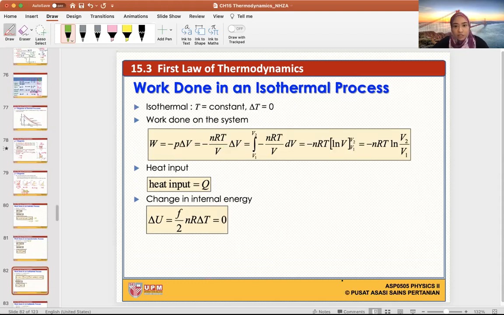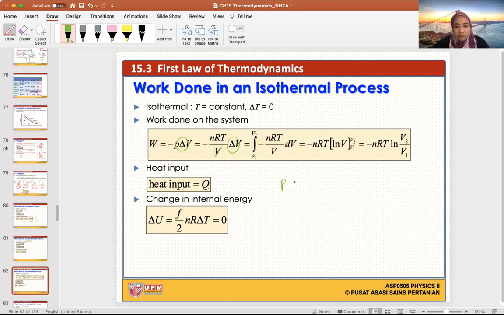Then work done in isothermal process. The T is constant, delta T is 0. W equals to minus P delta V. And then they substituted nRT. And as I told you before, if you have a delta, make sure your right hand side also has a delta. So to put in the delta V over there, they had to cancel it out with another V over here.